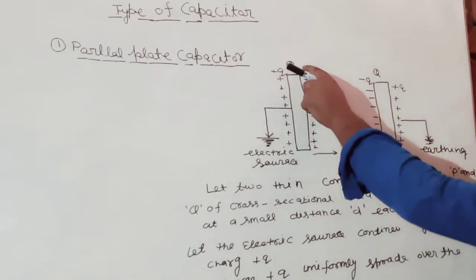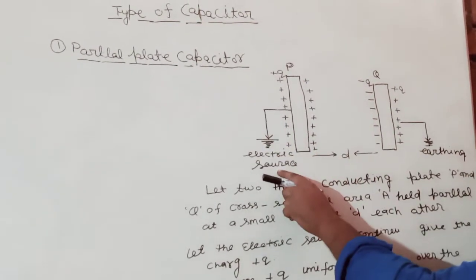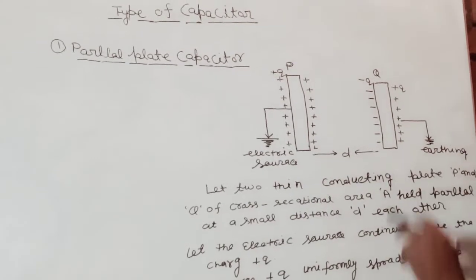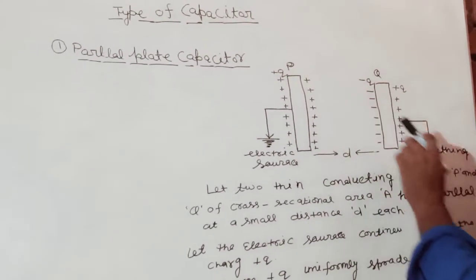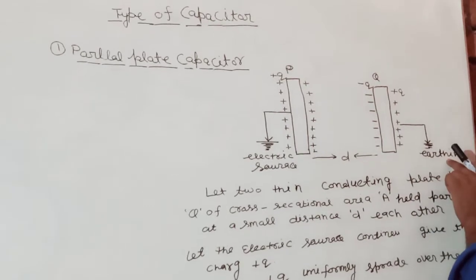The first conductor is connected with the electric source and the second conductor is grounded.